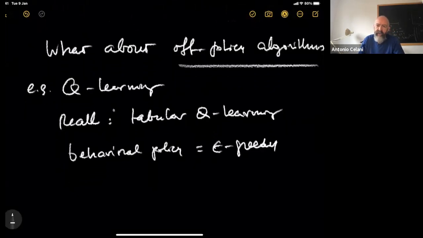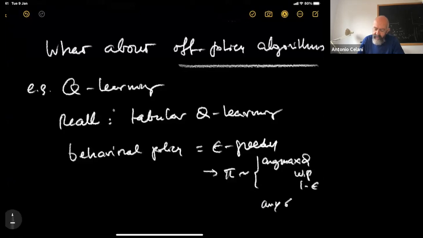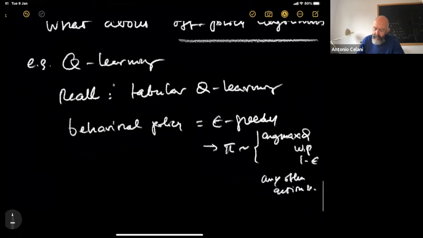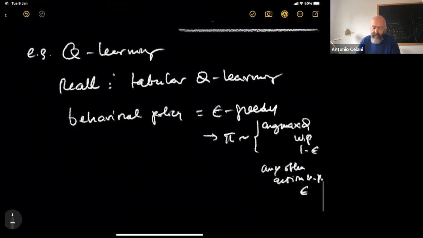So for every time you have a Q, the estimate of your Q value, the policy is: choose argmax of Q with probability 1 minus epsilon, or any other action with probability epsilon. Okay, so this is the policy you derive, and that's always the same that we're talking about.